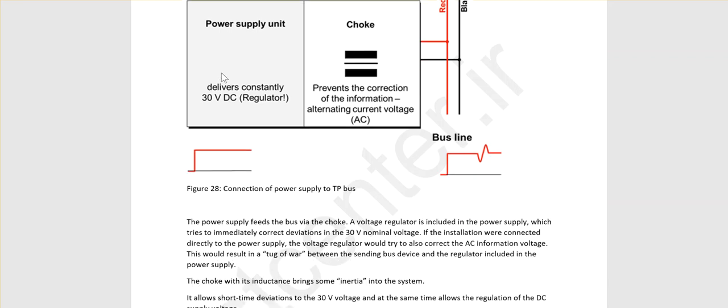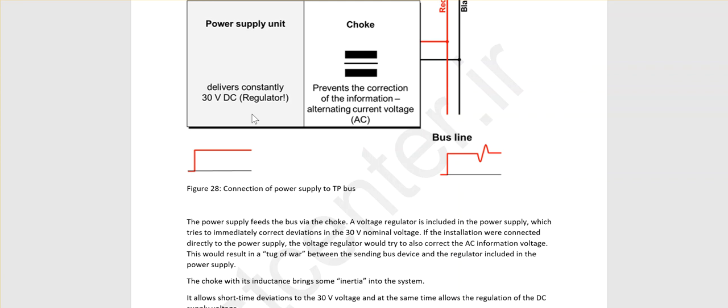A voltage regulator is included in the power supply which tries to immediately correct any deviation in the 30 volt nominal voltage. If the installation were connected directly to the power supply, the voltage regulator would also try to correct the AC information voltage. This would result in a tug of war between the sending bus device and the regulator included in the power supply.